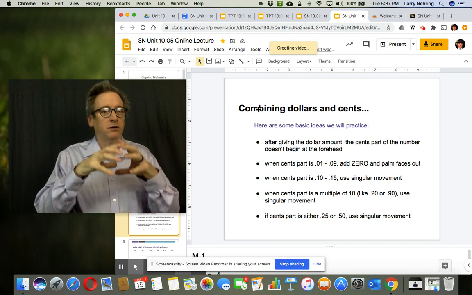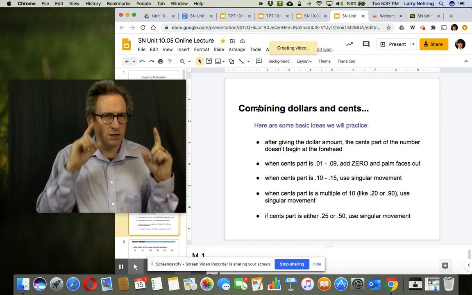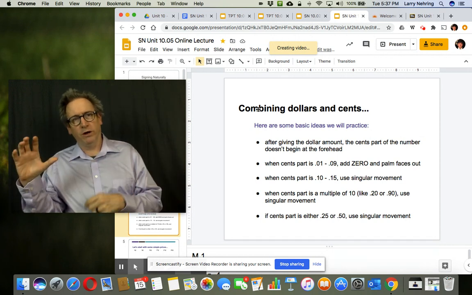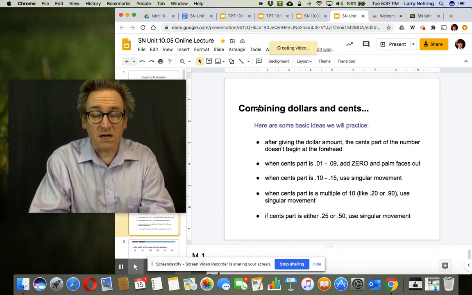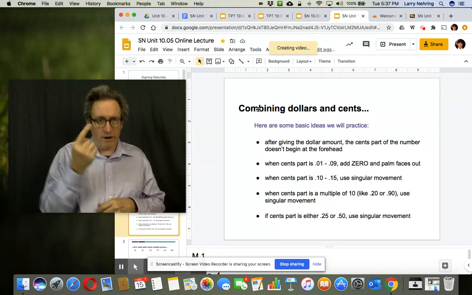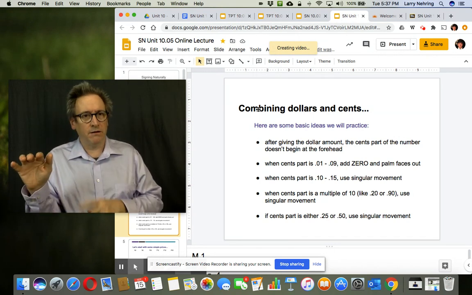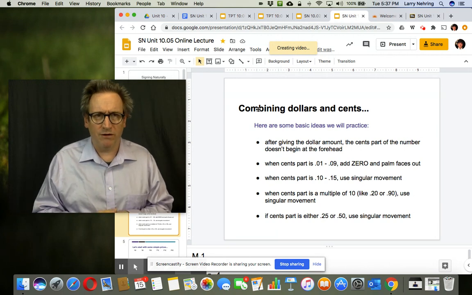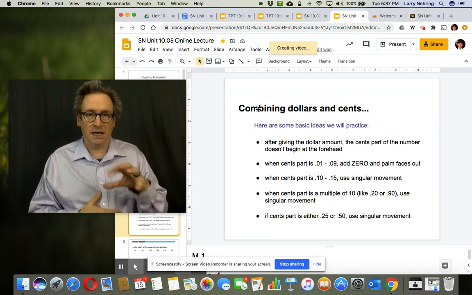So when we ask for amounts, how much something's going to cost, we already have those parameters in mind. So whatever you give for the dollar, they're expecting the cents afterwards. That helps. We don't have to put as much information, remember as many signs.